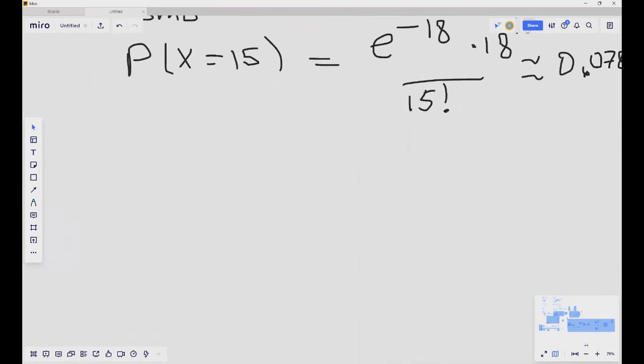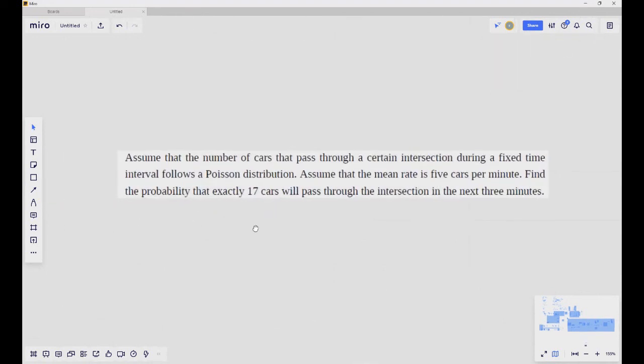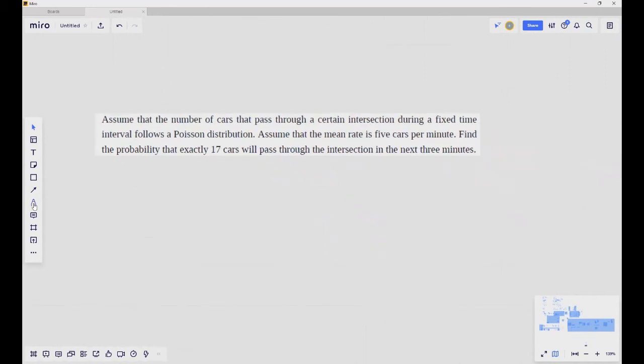Now let's take a look at yet another example. So now we are going to model the number of cars that pass through a certain intersection during a fixed time interval. Assume that the mean rate is 5 cars per minute.